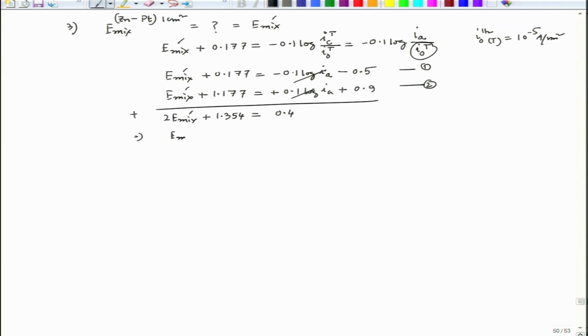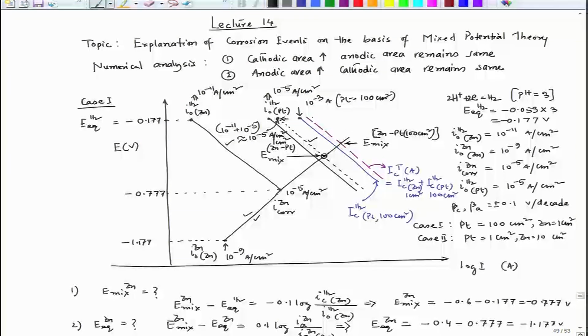So E mix prime becomes minus 0.477 volt.